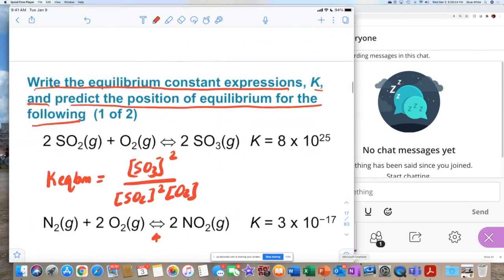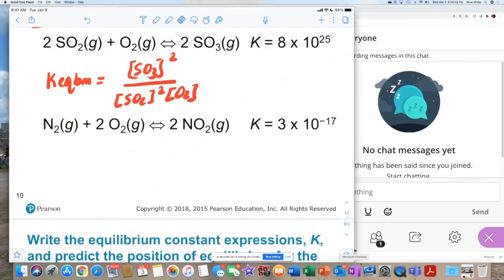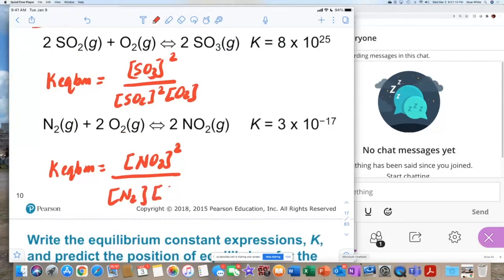That's our expression for that. Let me do the bottom one, expression 2, and then we'll continue from here. K equilibrium equals NO2 raised to the power 2 over N2 raised to the power 1. The 1 is implied. O2 raised to the power 2.